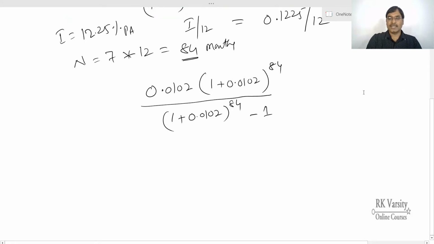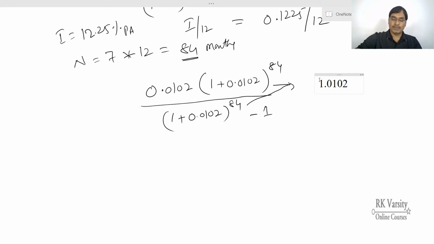So first we calculate this value so that we can use this in both the numerator as well as in the denominator. So this equals 1.0102 raised to the power of 84.